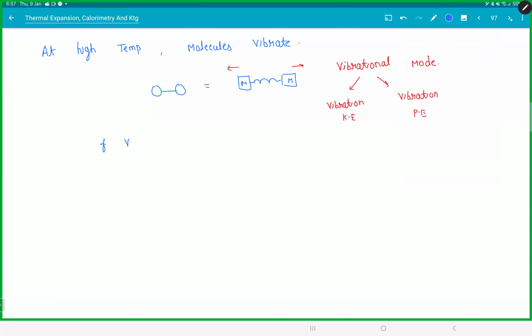So if you have N vibrational modes, this will give you 2N extra degrees of freedom. 2N vibrational degrees. Example, they asked a question like this. They said a polyatomic, now polyatomic, I'll give you the table. A polyatomic molecule has 2 vibrational modes.